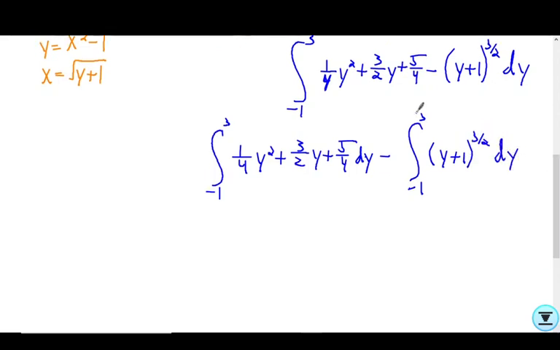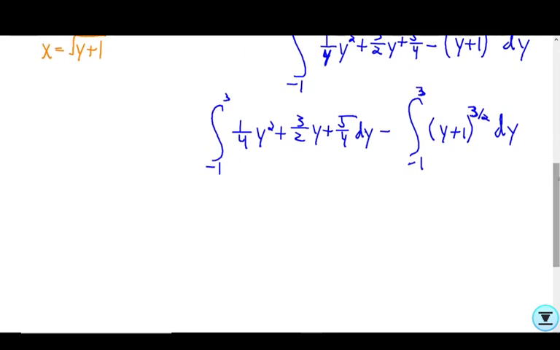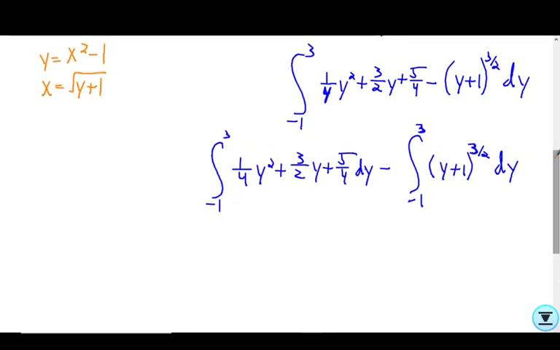Because to evaluate this 3/2 power, I'm going to be using u-substitution, integration by substitution. So for the polynomial, the antiderivative becomes real easy. You get y cubed over 12 plus 3y squared over 4 plus 5y over 4 from -1 to 3. Okay?